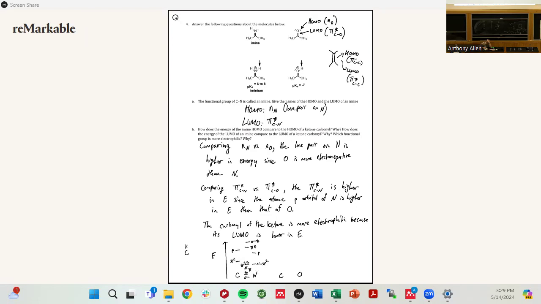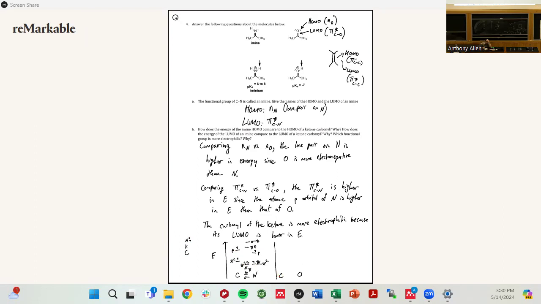So in C double bond N with a lone pair, I have 1, 2, 3, 4, 5, 6. Oh, this is going to be terrible over here.